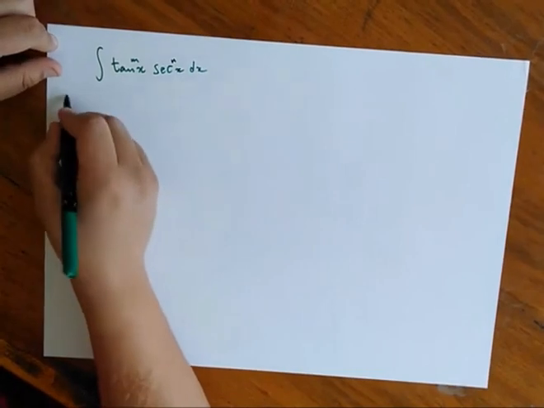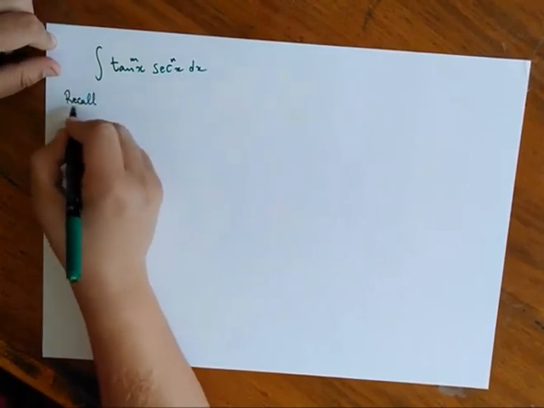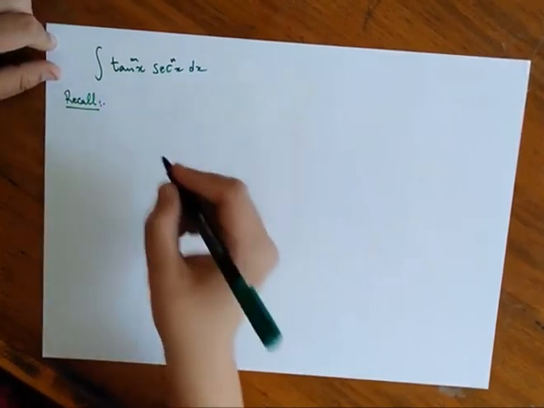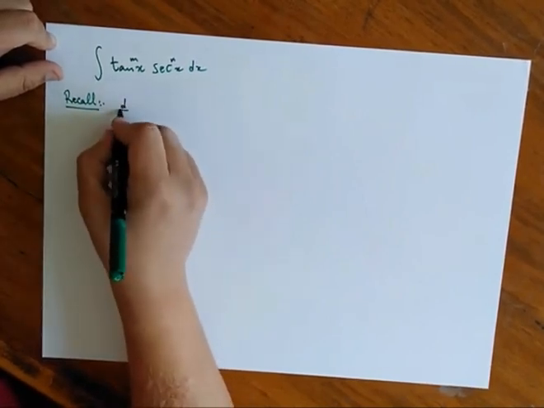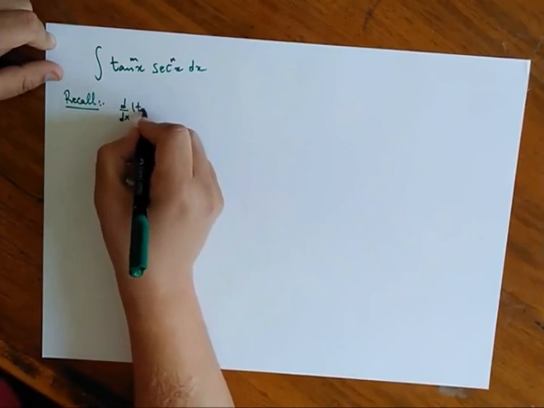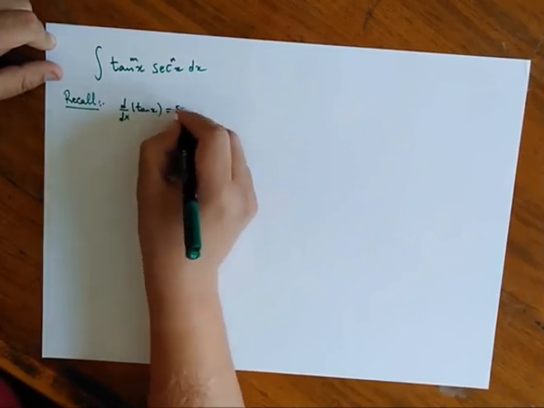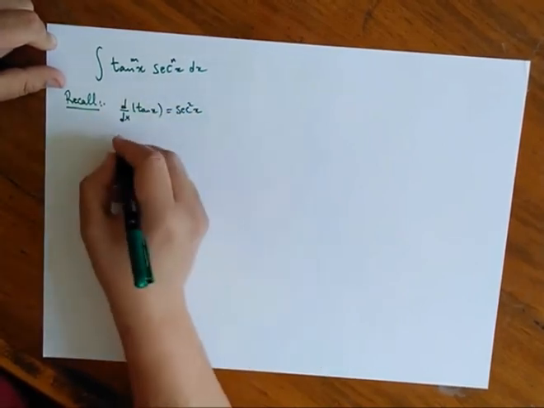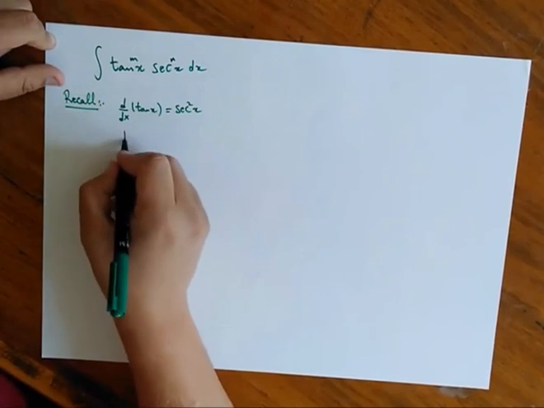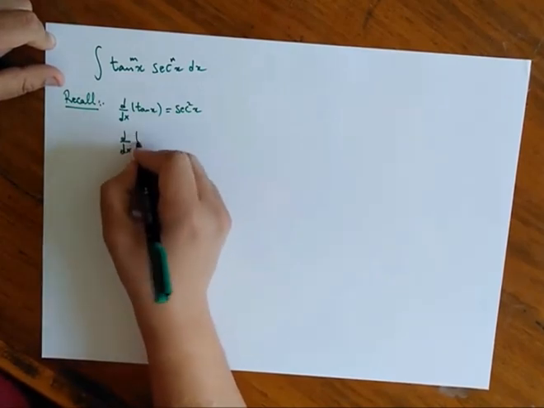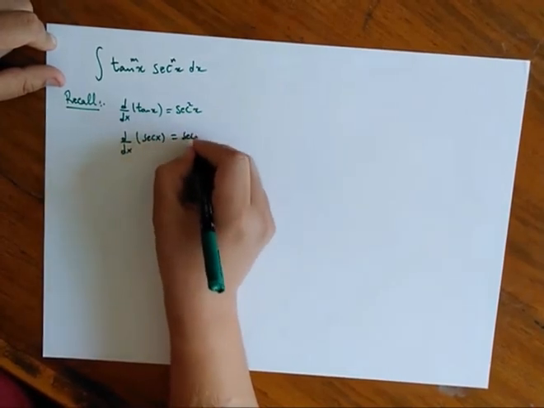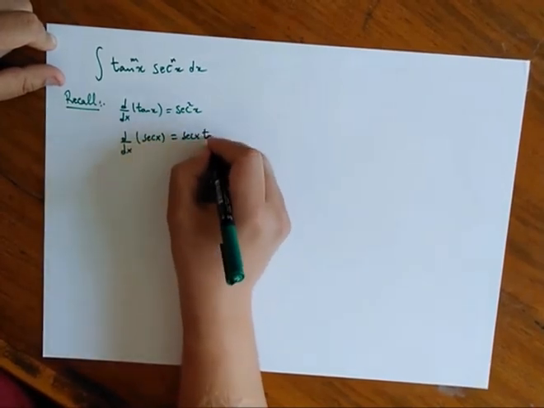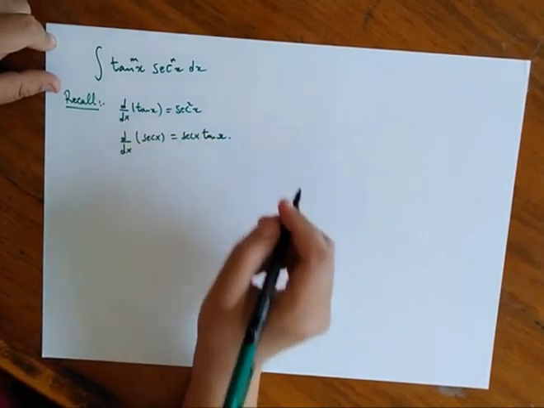But first you have to recall this important information, which is the differentiation of tangent x is secant square, and the differentiation of secant x equals secant x times tangent x.